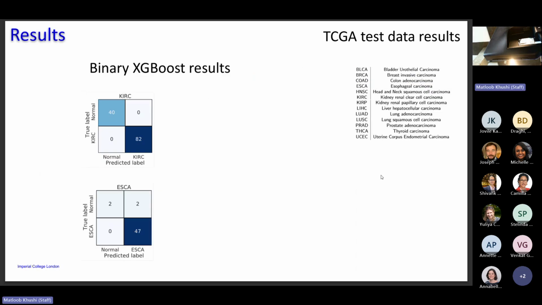I'm showing you our best and worst case confusion matrices for the binary XGBoost results here. This is kidney cancer, and this is esophageal cancer. This one didn't have enough normal samples, so it performed really badly when it tried to distinguish between normal and tumor.